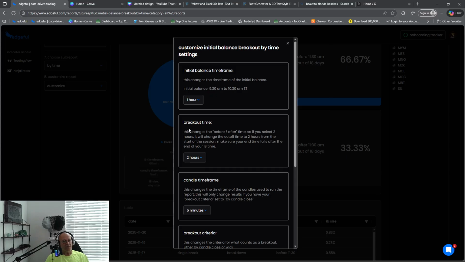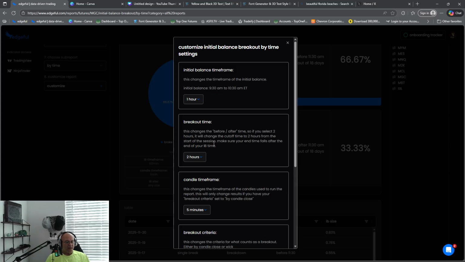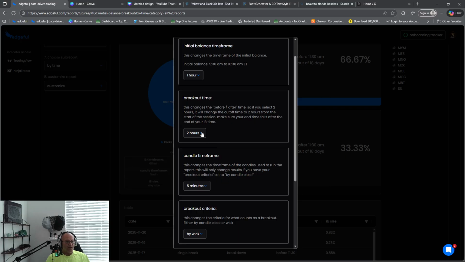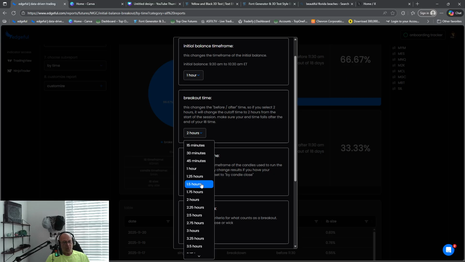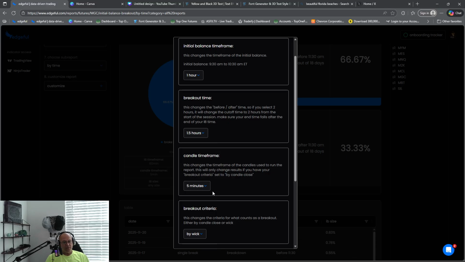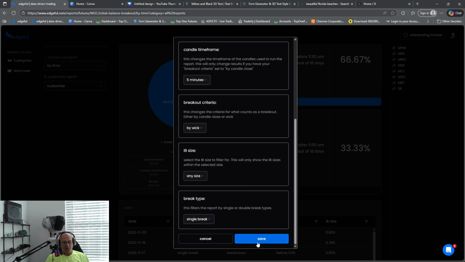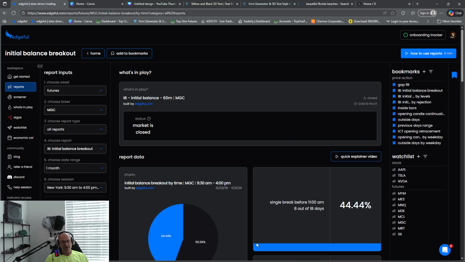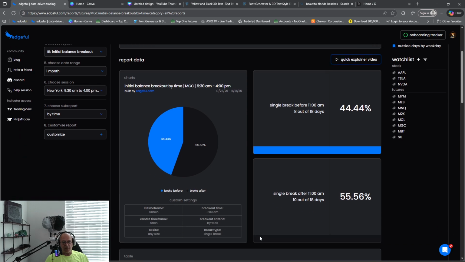We want to customize this a little bit, simply because I want to see if we break out within a half hour. Okay, so that would be 1.5 hours because the initial balance sets at 1 hour, and we want to see by 1.5 hours, by 11 o'clock. How often do we break out by 11 o'clock to one side or the other? That's about 50-50.